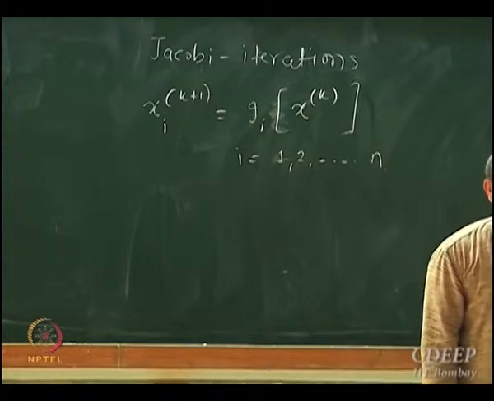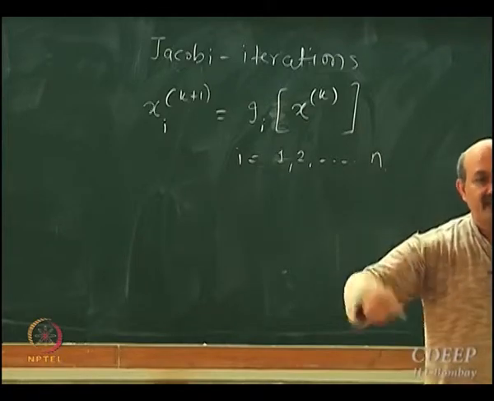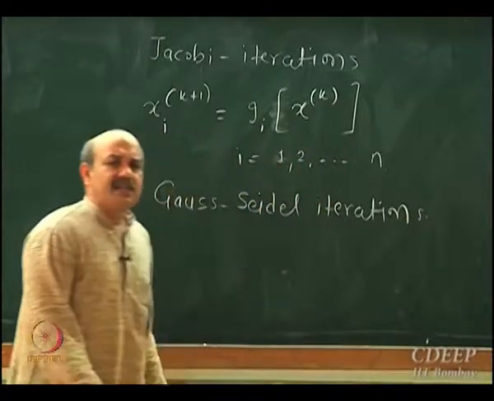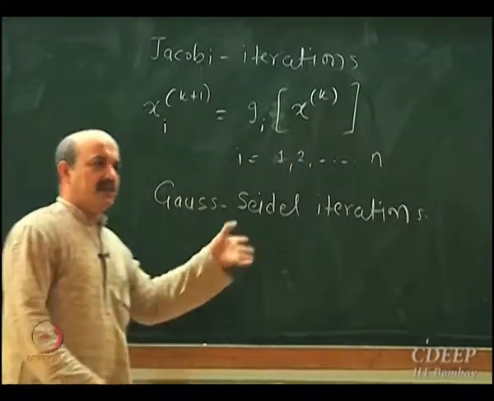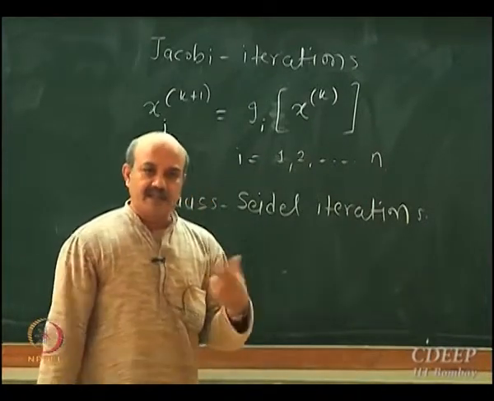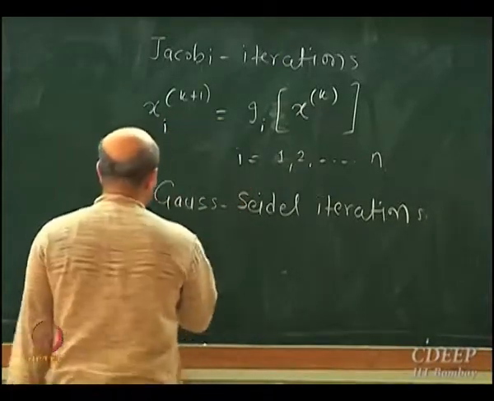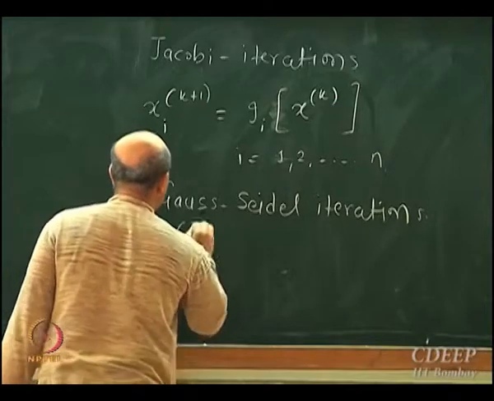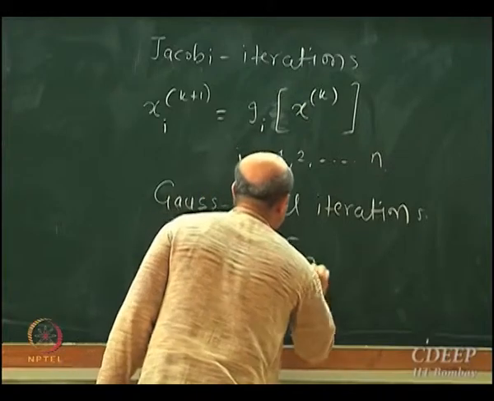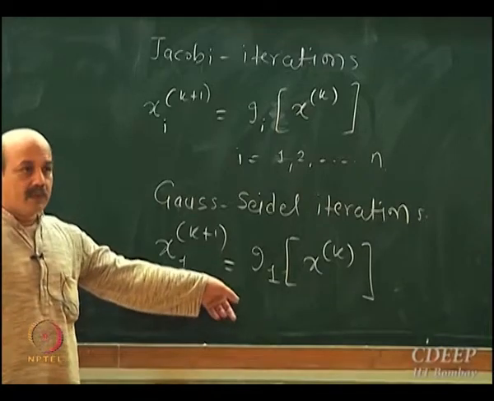How will you create Gauss-Seidel-like iterations? Use the new value as it gets created. Gauss-Seidel iteration is a concept. You can use it in the context of linear algebraic equations, and you can use it in the context of nonlinear algebraic equations. If you understand the concept, you can do relaxation iterations, same ideas. So my first equation will be x1^{k+1} is equal to g1 of x^k.